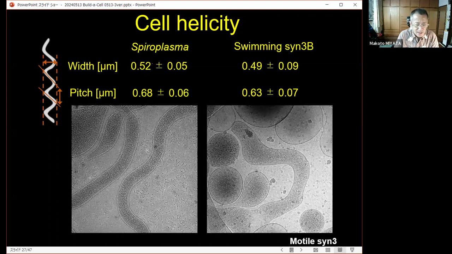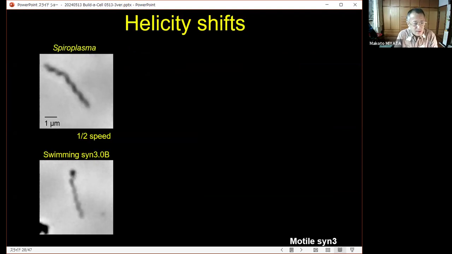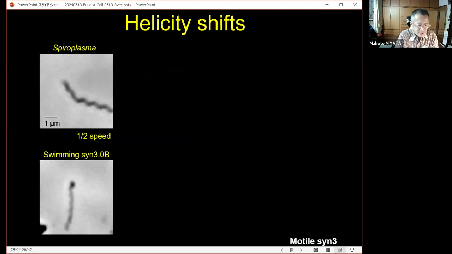We also analyzed the structures of the spiroplasma and the swimming SYN3 by cryo-electron tomography. Here is the cell membrane. It's a little bit difficult, not obvious for non-electron-microscopy people, but we can see it clearly: the filamentous structure. We also analyzed the motility in detail of the spiroplasma and the swimming SYN3.